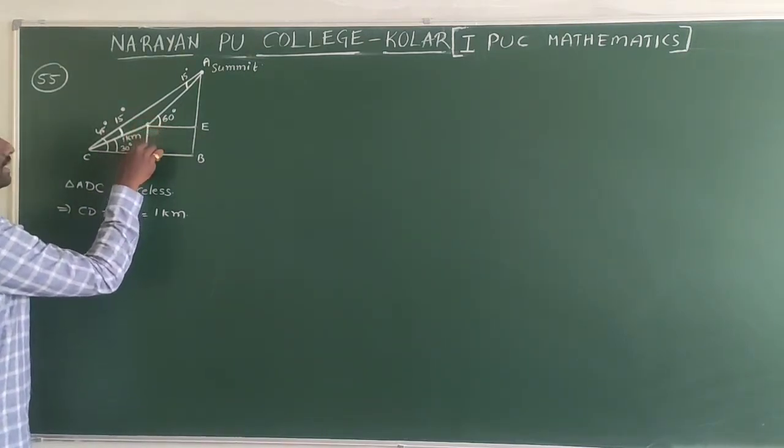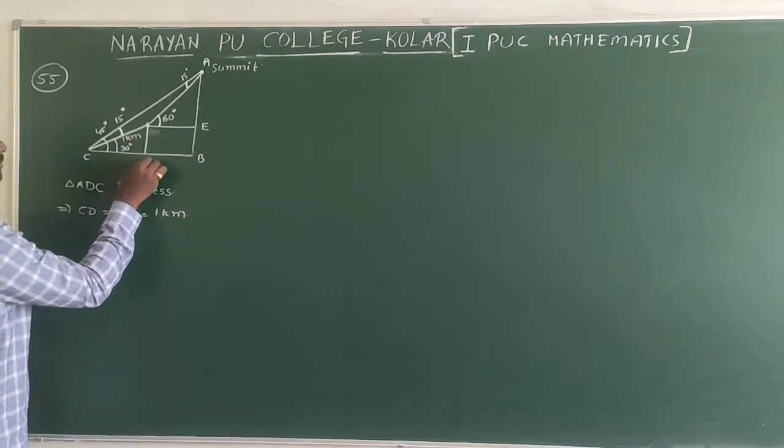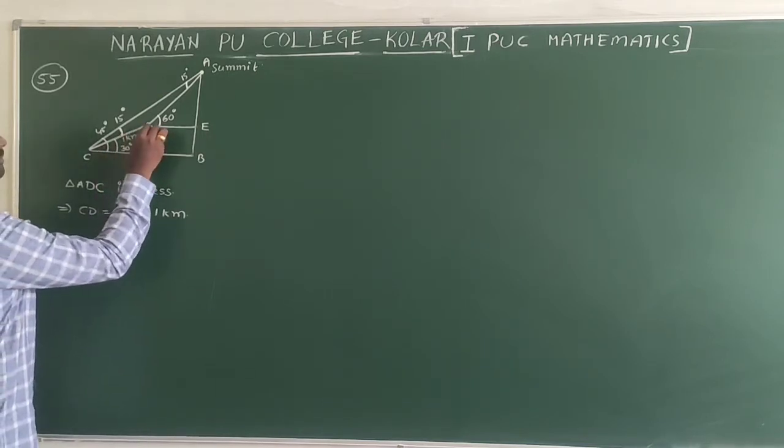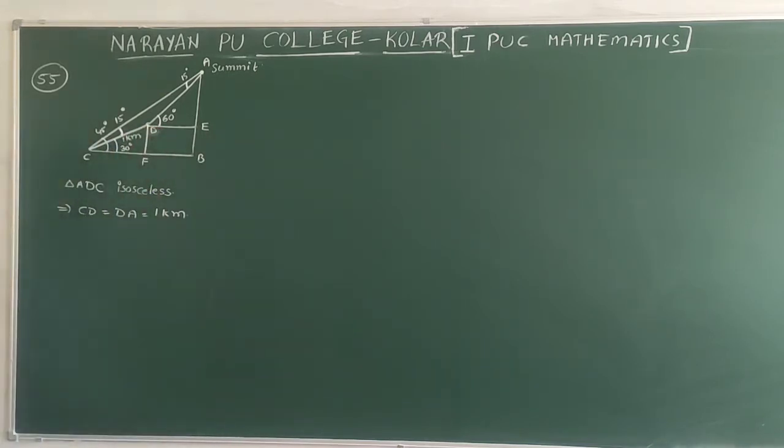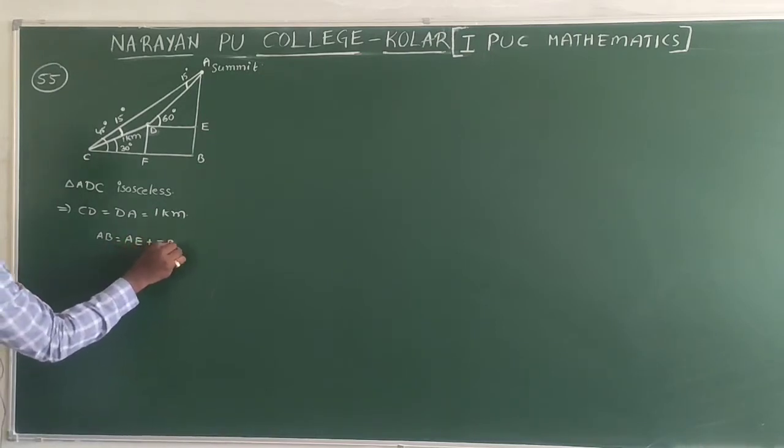You can draw a perpendicular like this, and it should be F, and this is D. Okay, but here we need to find the height of the mountain. First, I can write this AB is nothing but AE plus EB.